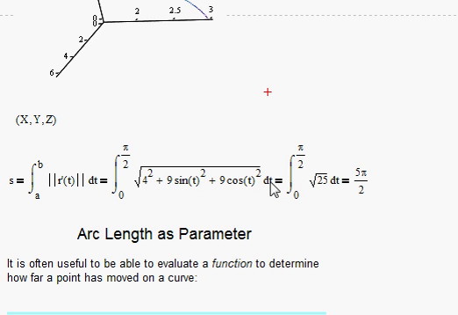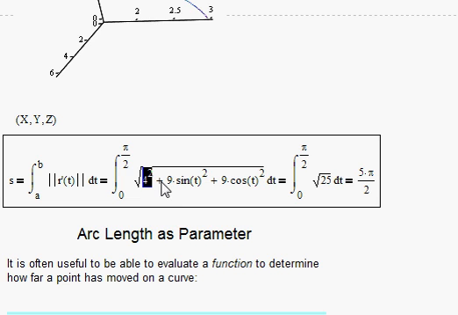This might be a little far-fetched for you to see, but I hope it's not. This is 16, this part of it is 9 times 1, which is 9, plus 16 is 25, square root of 25.